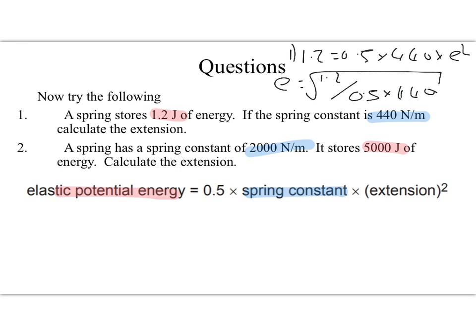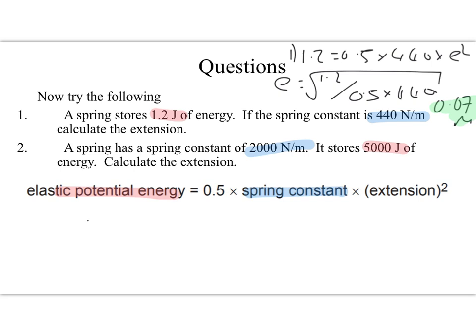And if you put that into your calculator, you should get the answer. And that comes out to be 0.07 meters. I'm just going to highlight that so it makes it easier for you to see. 0.07 meters there.